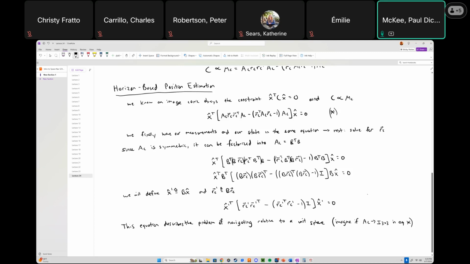So now I think we should go back and talk about where B comes from, because we just shoehorned that in there. But you can see how we've turned a harder math problem into an easier one, where now we are navigating relative to a unit sphere. And as long as we keep track of what B is, we can always work backwards and find the real RC instead of RC prime. But it's going to be a lot easier to solve for RC prime.